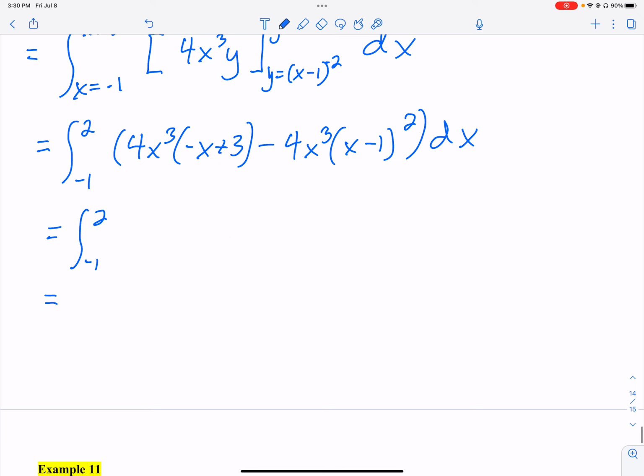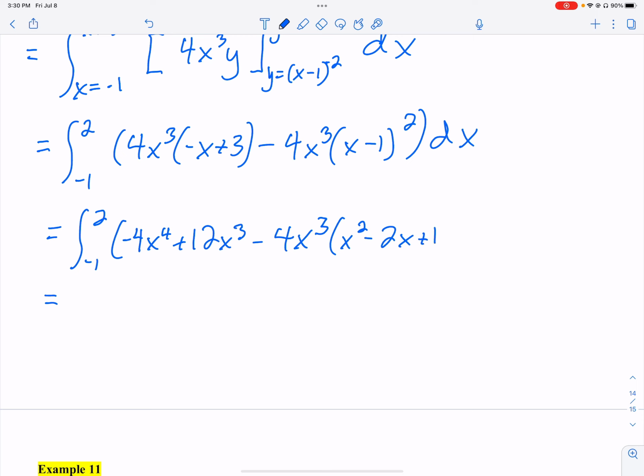So let's do this. I'm going to simplify all that for us. We get negative 4x to the fourth plus 12x cubed minus 4x to the fourth. Oh, wait, that's going to square. We're going to square that out. So we get x squared minus 2x plus 1 dx. There we go. Then we got negative 1, 2. Okay, combining, I guess I'll multiply all that out. I'm going to do it right under because I'm running out of space.